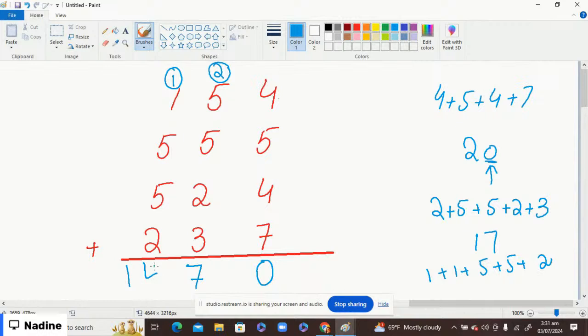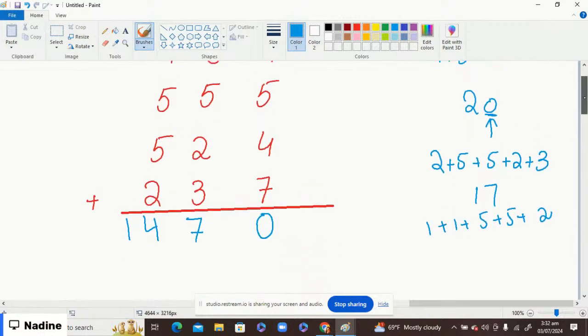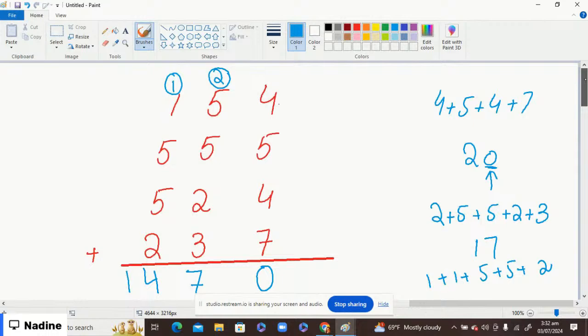So here we're going to put 14 because there is no other digit, so we can put the full 14 here. This is the answer, 1470, the answer to this question.